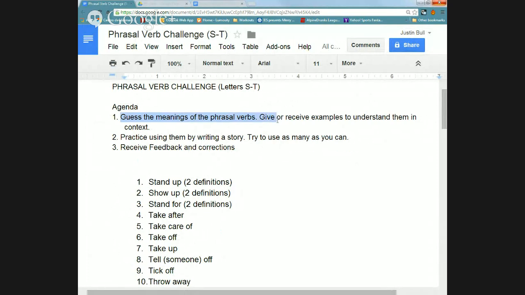If you have no idea, ask for an example, okay? Yeah, so if you have no idea, simply ask for an example, okay? So some of them are more common than others. So once we understand all the meanings, we practice using them by writing a story, okay? And I'll give you a lot of feedback and corrections on this.